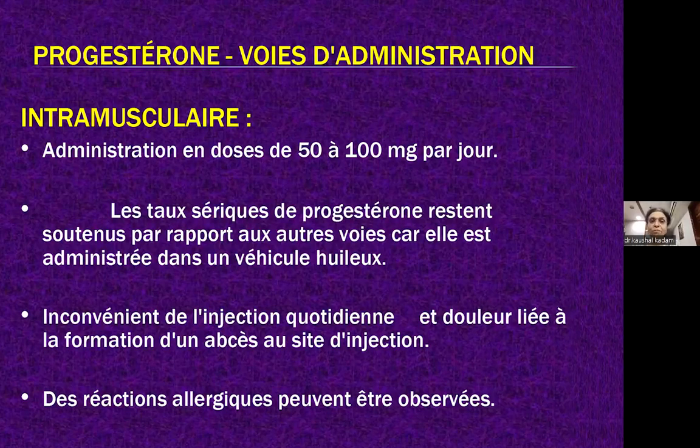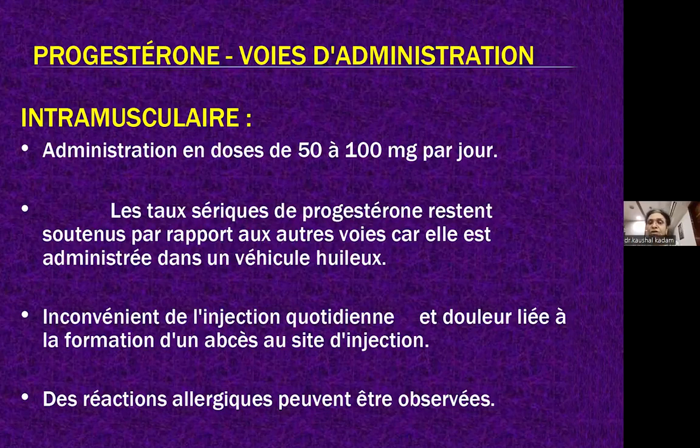We have shifted mainly to just vaginal progesterone or oral progesterone. So intramuscular, I give it maybe once in 3 or 4 days. And if the patient is not able to tolerate it, I do not give it at all. The progesterone levels remain sustained compared to the other routes.